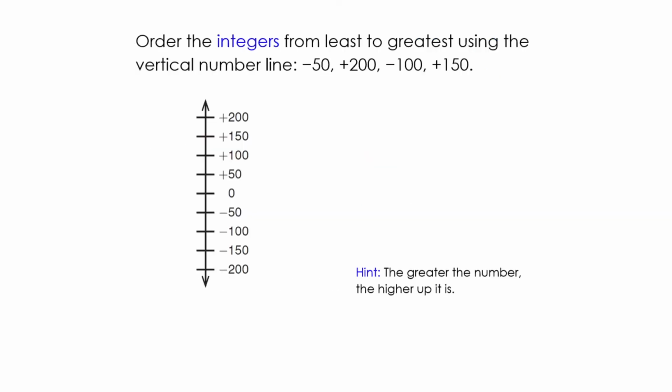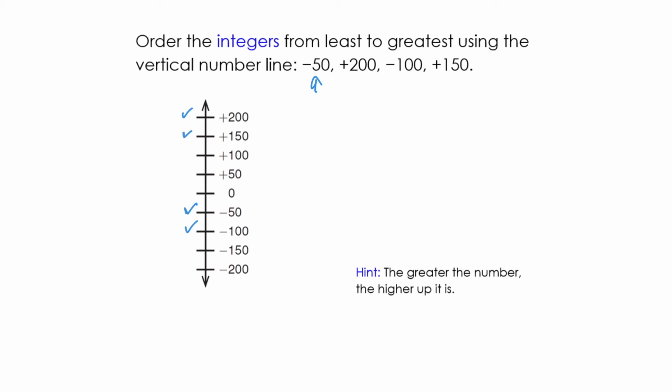Order the integers from least to greatest using the vertical number line. So minus 50 or negative 50 would be right here. So there's 1, 200 is right here. Negative 100 is right here. And positive 150 is there.